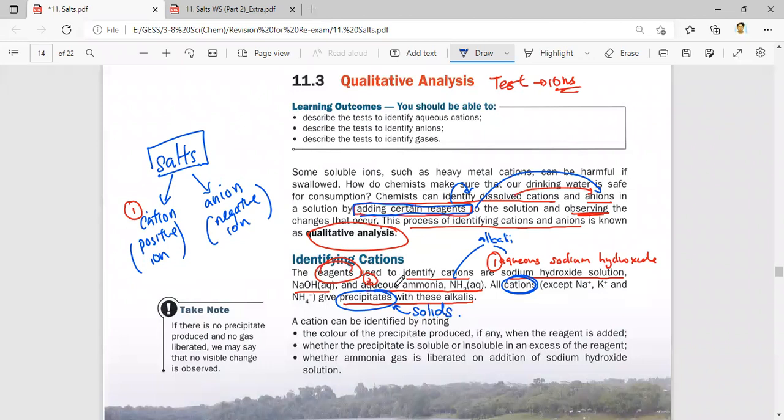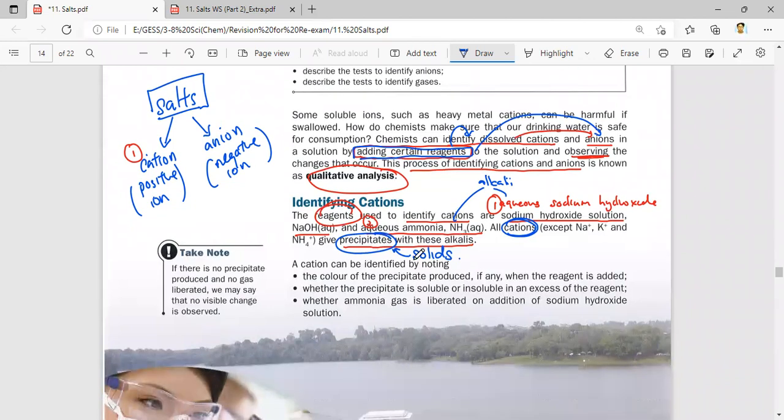Okay, so what are the things we need to take note about this precipitate here? First thing, the cations can be identified by noting the color of the precipitate. So the color of the precipitate tells us what is the particular cation present. Second thing, it's not just about the color.